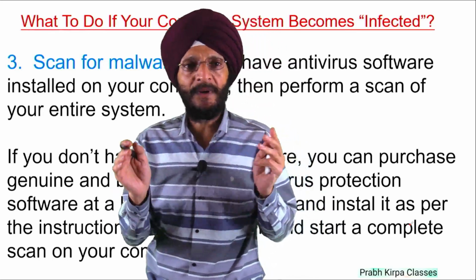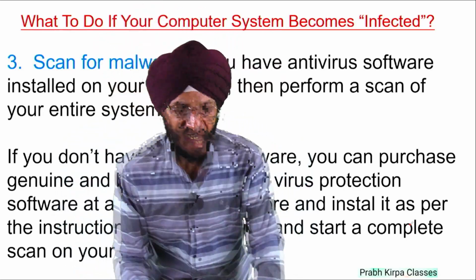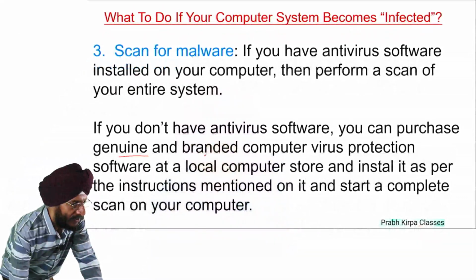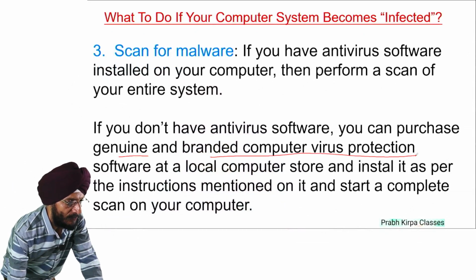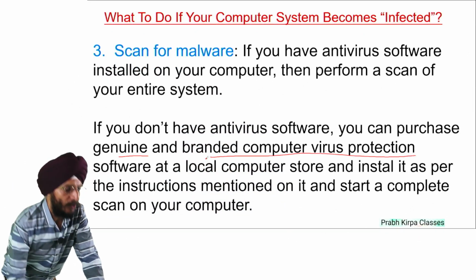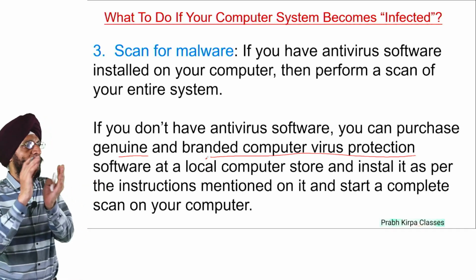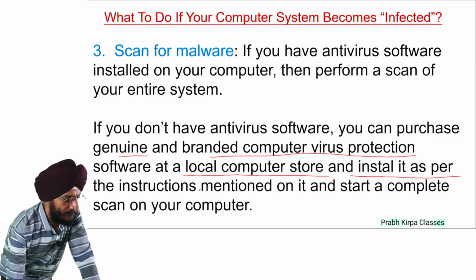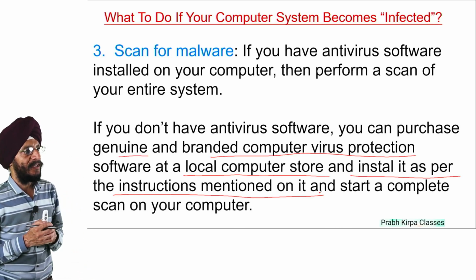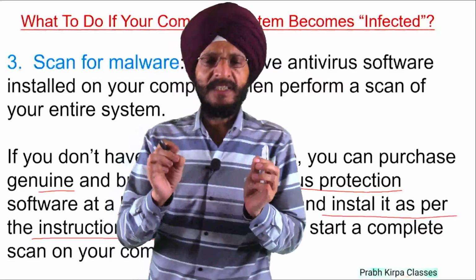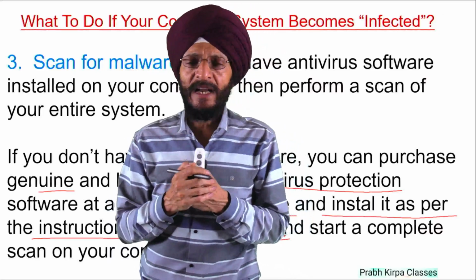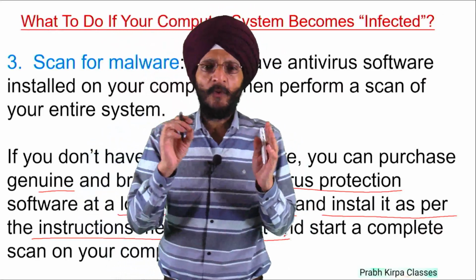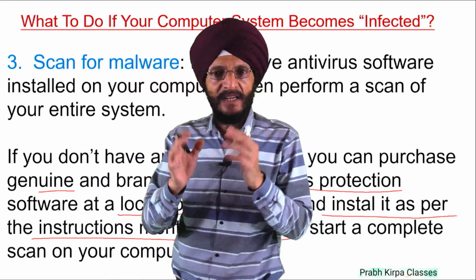Then you can purchase genuine and branded anti-virus or anti-malware software from a local computer store and install it as per the instructions mentioned on it. Please remember that we should purchase antivirus or anti-malware software which provides us 24/7 real-time protection.